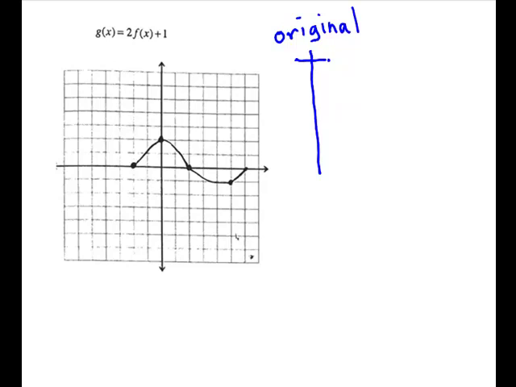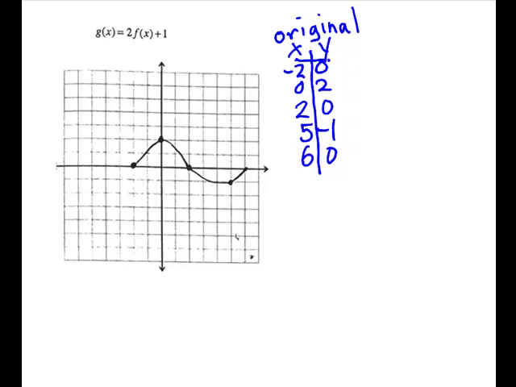So our original table, we have negative 2, 0. We have 0, 2. We have 2, 0. We have 5, negative 1. And we have 6, 0.